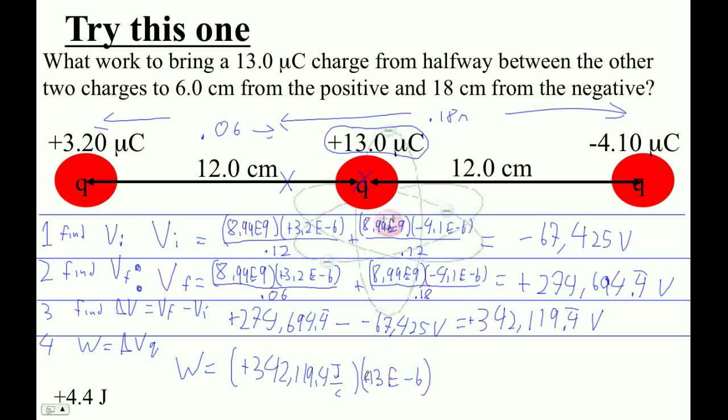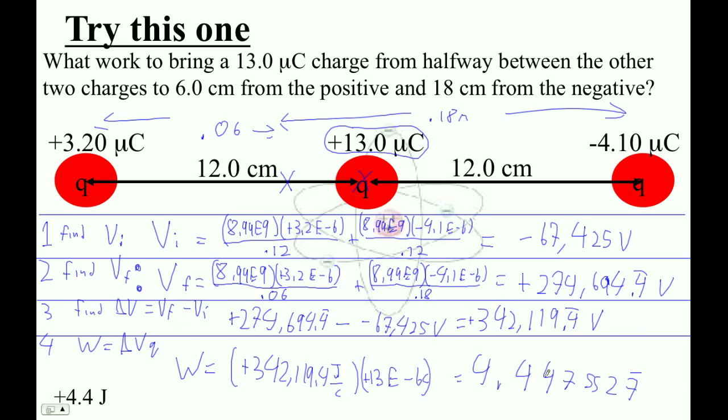And if that were negative, you put a negative in there, and there you go. Okay, and that's coulombs, right? So this times 13E minus 6 is 4.447557 joules, it looks like.